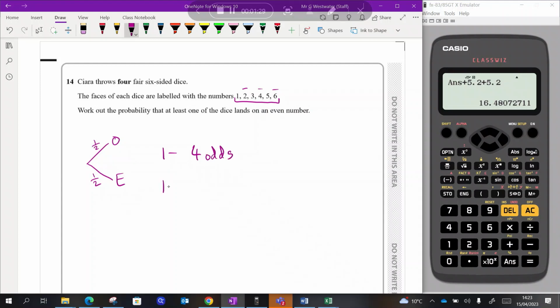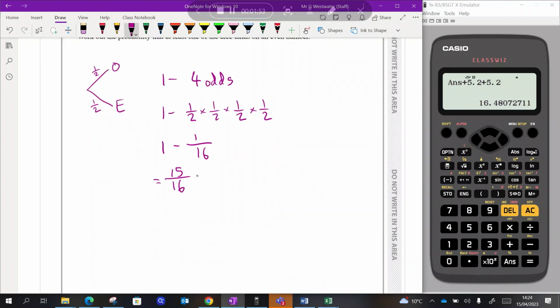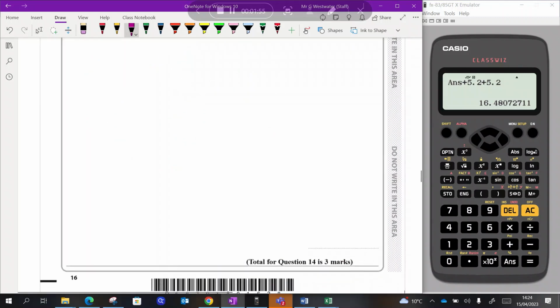So this is going to be 1 minus a half times a half times a half times a half. So this is 1 minus 1 over 16, 15 over 16. And as I said, there are various other ways you could have worked this out. You could have thought about the whole tree diagram and everything like that, but it boils down to 15/16.